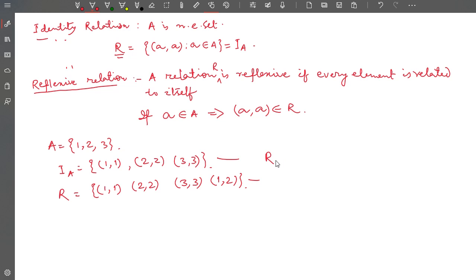This is reflexive and this is also reflexive.